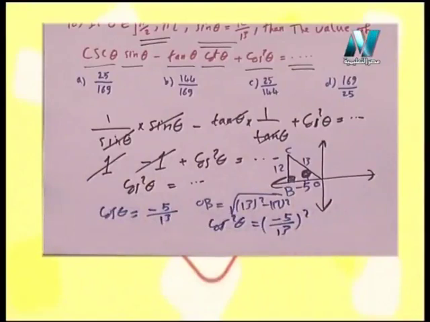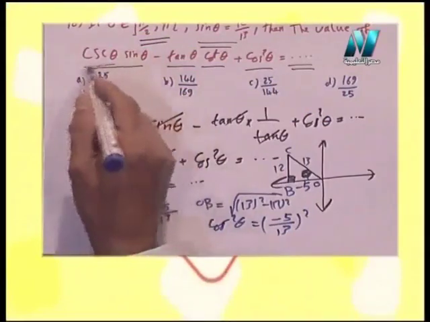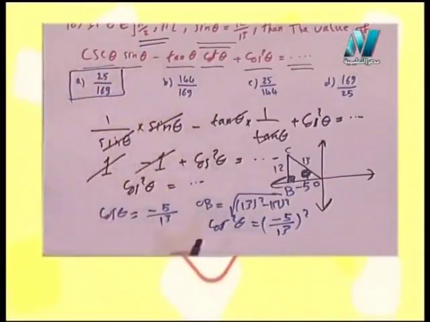And by using the calculator, negative 5 over 13 power 2, the answer will be 25 over 169, which is this answer.